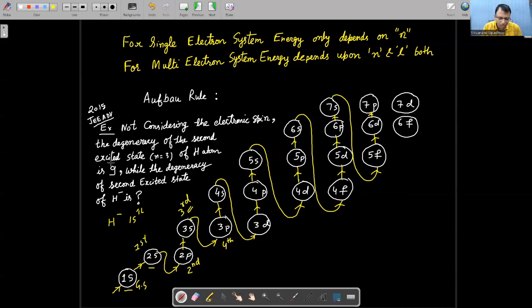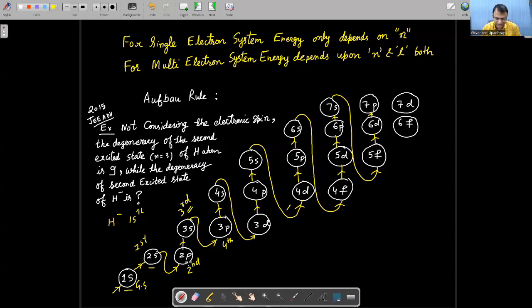The degeneracy of the second excited state of hydrogen atom is 9, because for a single electron system, in an orbit, the number of orbitals is equal to n square, and all the orbitals are degenerate. While the degeneracy of the second excited state of H minus, which is a multi-electron system: from this electronic configuration we can find that 3s is the third excited state, and in 3s only one orbital is there, so the degeneracy is equal to 1.